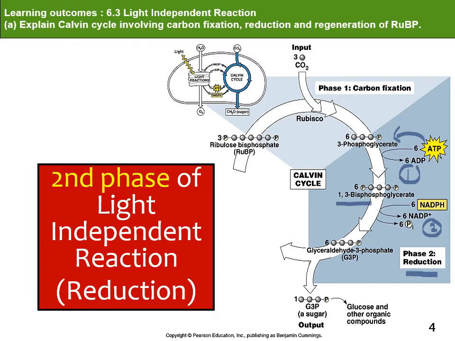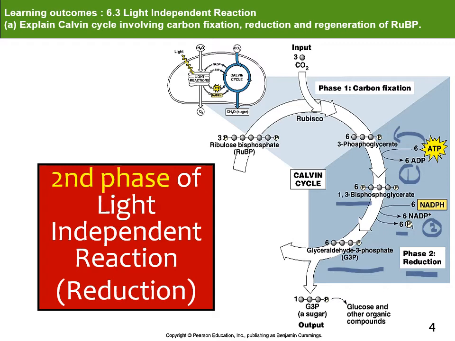And the second step is the reduction process, where a pair of electrons from NADPH reduces each 1,3-bisphosphoglycerate, followed by the removal of an inorganic phosphate group to produce glyceraldehyde 3-phosphate, or G3P.